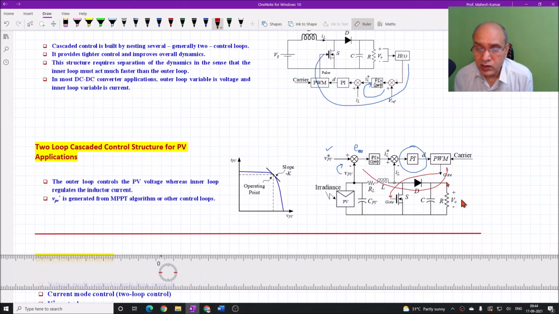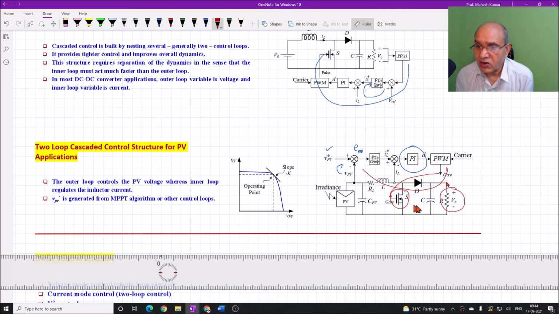If you further want to tightly regulate this voltage, then we have to have another stage where we will focus on the output voltage. We have only one switch, so we have only one degree of freedom. Either we can control VPV or we can control V output. So at a time, we will choose one parameter.